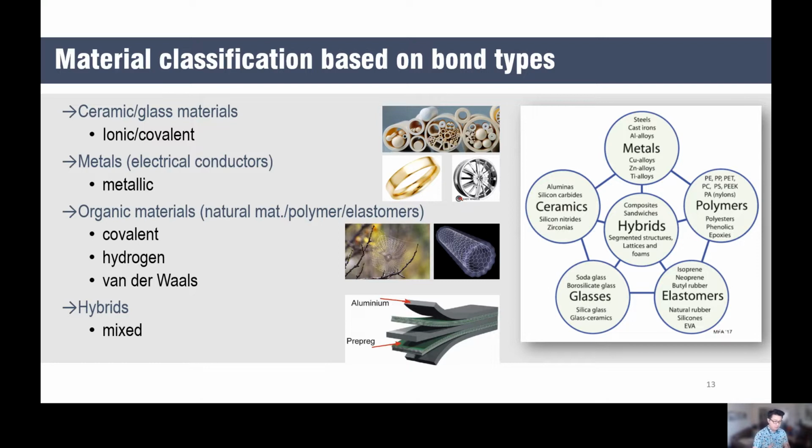We have the class of hybrid materials, which is basically mixing all the previous classes of material together. And this actually tends to come up with the best of both worlds sometimes. And so you can mix polymers that are relatively weak with ceramic fibers that are relatively strong but brittle. By putting them together, you can ensure that they're both strong and tough at the same time.